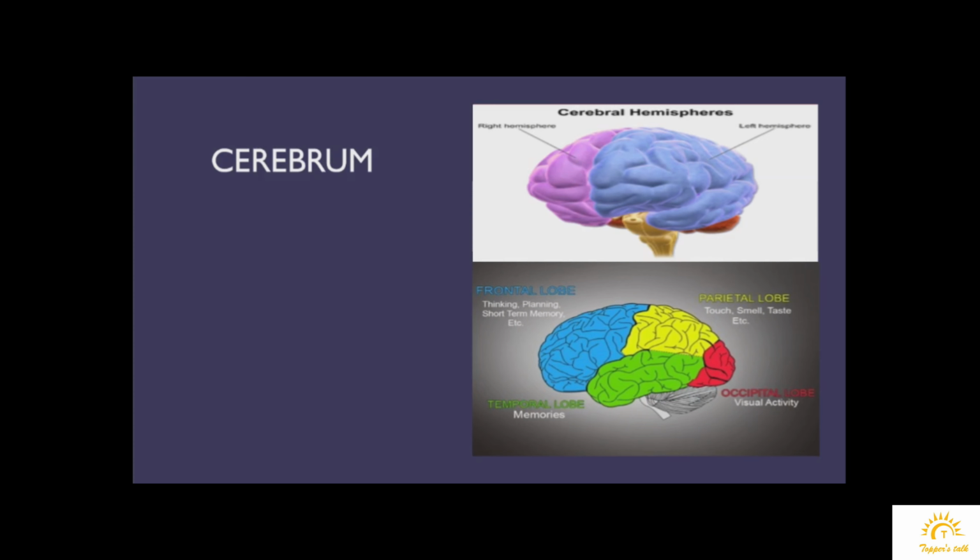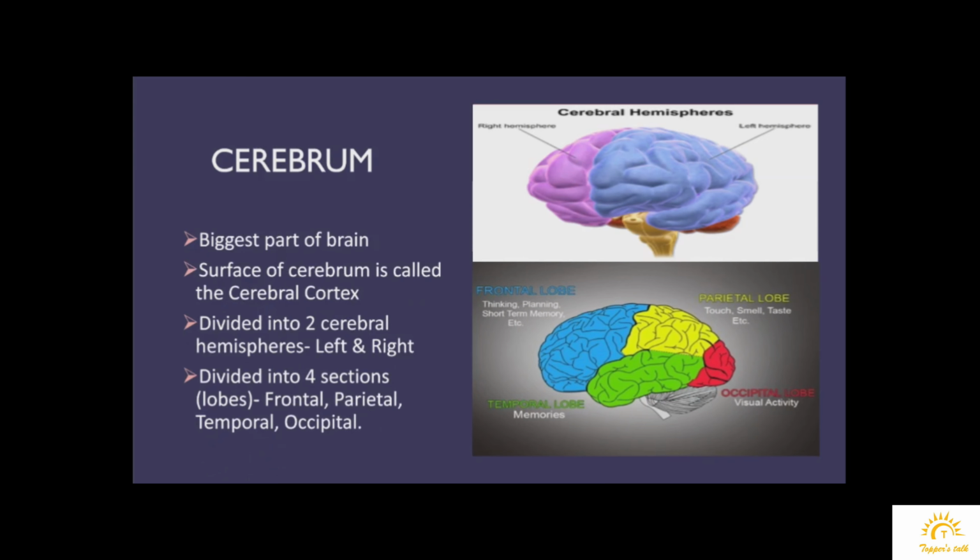First up is the cerebrum. The cerebrum is the biggest part of the brain. Surface of the cerebrum is called the cerebral cortex. It's divided into two hemispheres, left hemisphere and right hemisphere. And it's also divided into four sections or lobes: frontal lobe, parietal lobe, temporal lobe, and occipital lobe.